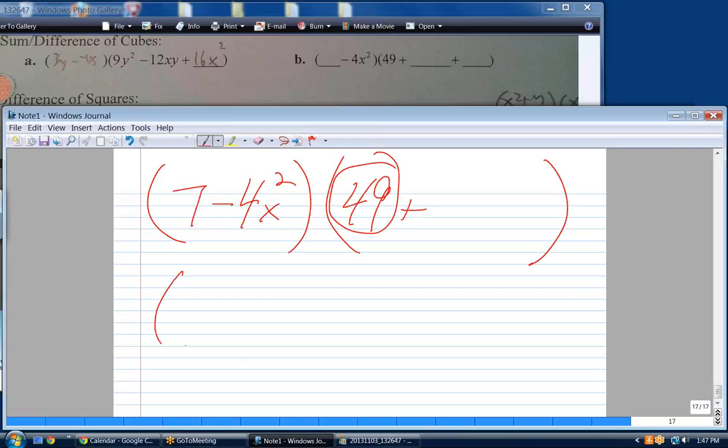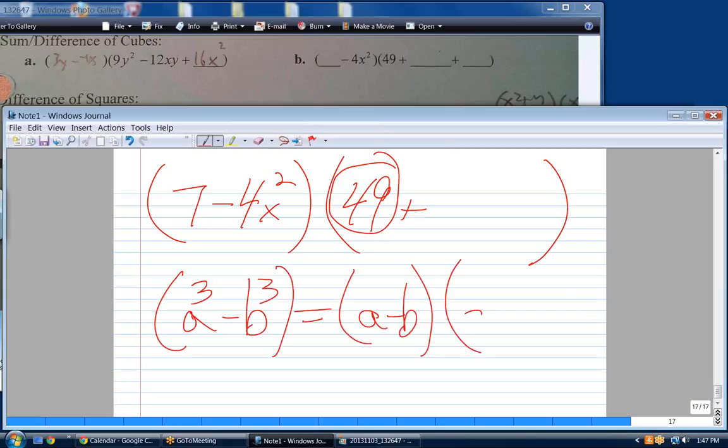Let's go through it again. A cubed minus B cubed equals A minus B times A squared plus AB plus B squared. So the term they gave us was this one right here. So you see why I said this has to be the square root of that term? Now, the middle term is what? 28x squared. Good.